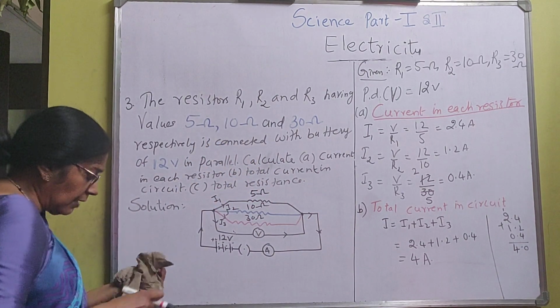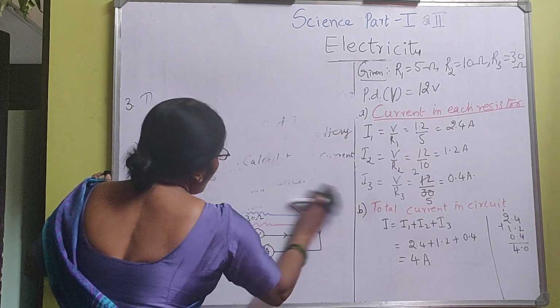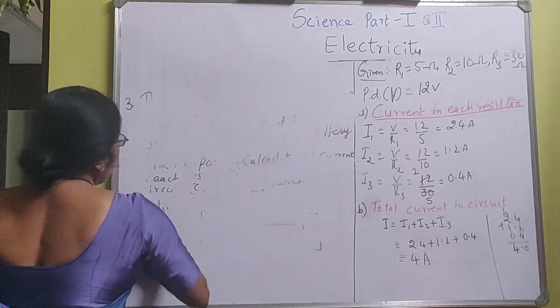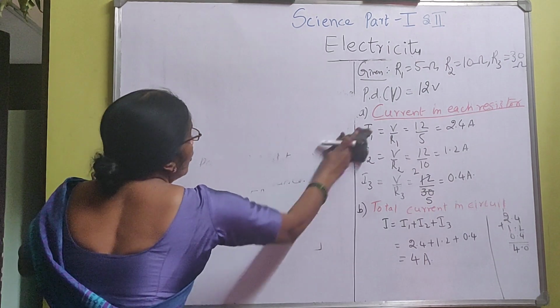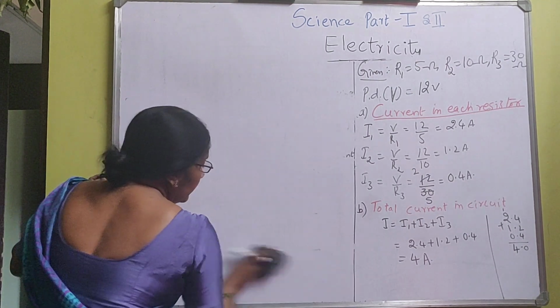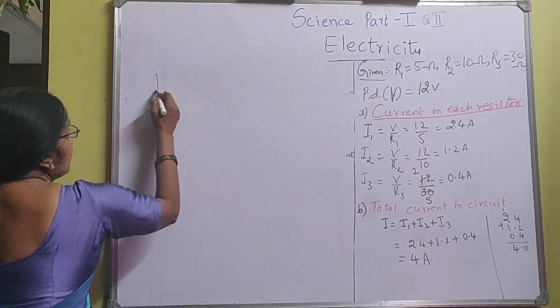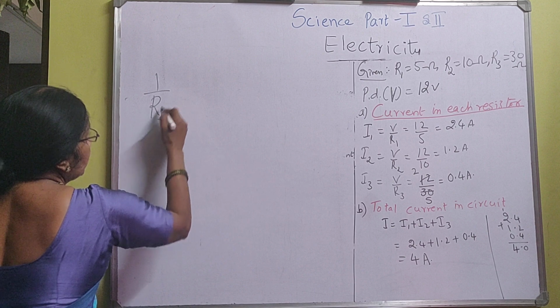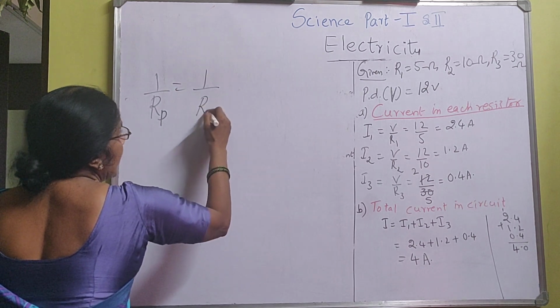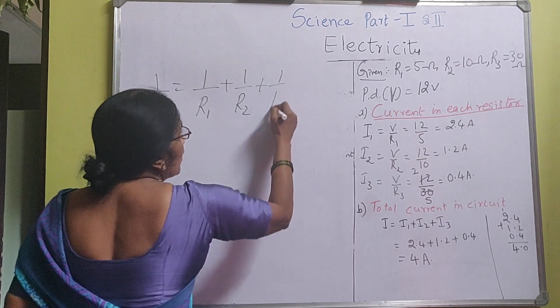Now the third part, C, asks us to find the total resistance. I have shown you that the total resistance in parallel is given by 1 by Rp is equal to 1 by R1 plus 1 by R2 plus 1 by R3.